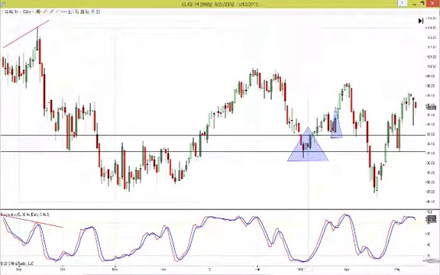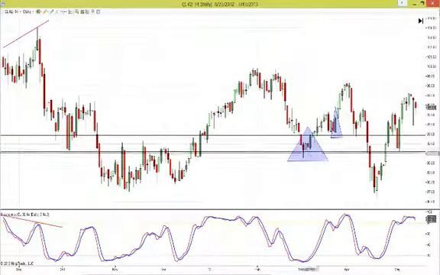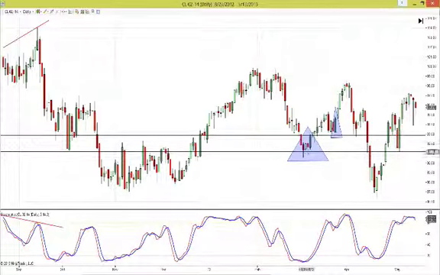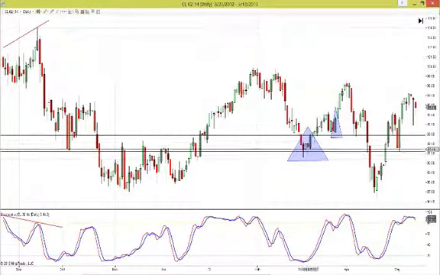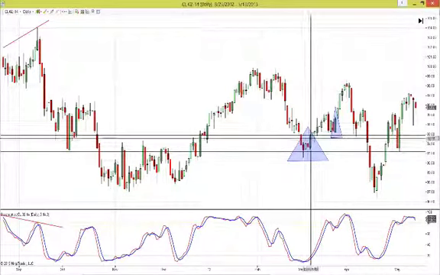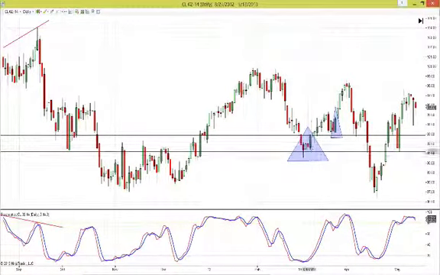We have the stochastic in the right place, and now we are in that area. We have been making a bullish hammer here, and now we have an engulfing candle. So that tells us a very good signal to go up.